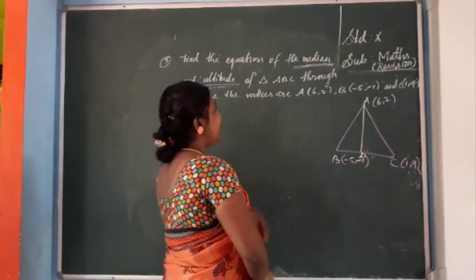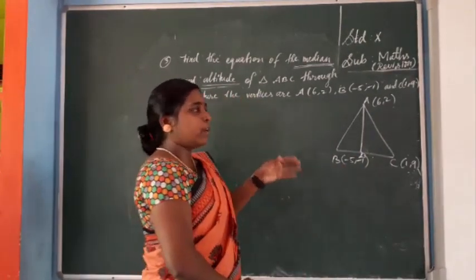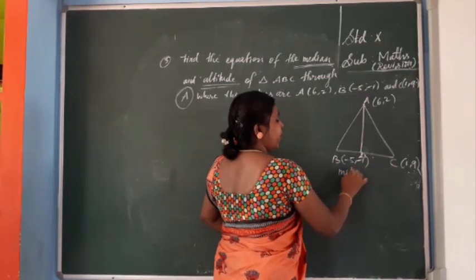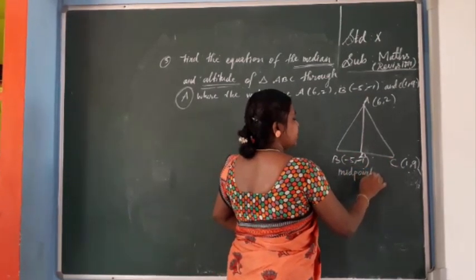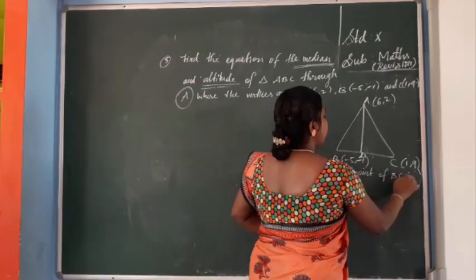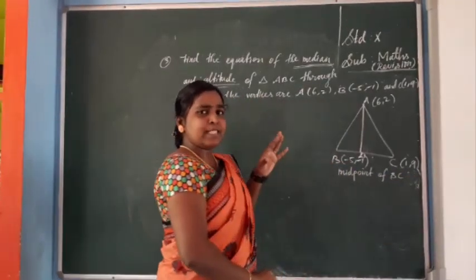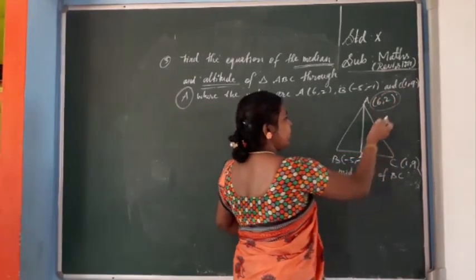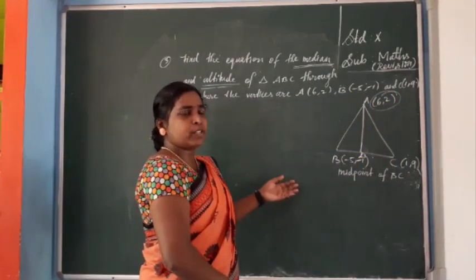That's all. So for the median, what are the steps you have to do here? Listen. First you find the midpoint of BC. So the midpoint of BC is 1 point. Already we have 1 point, the vertex A. So we have 2 points, we can find the equation. So easy.